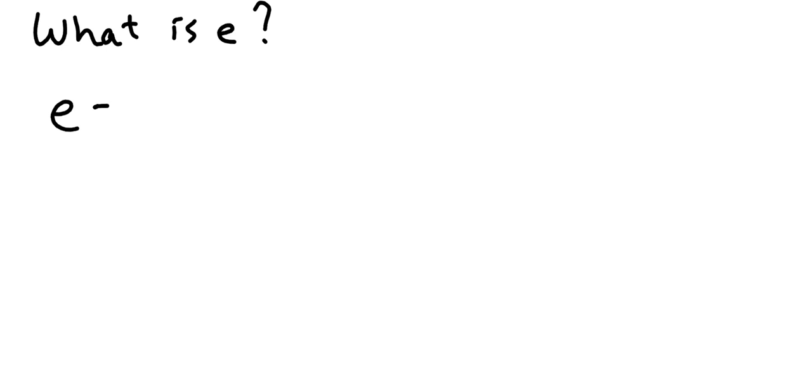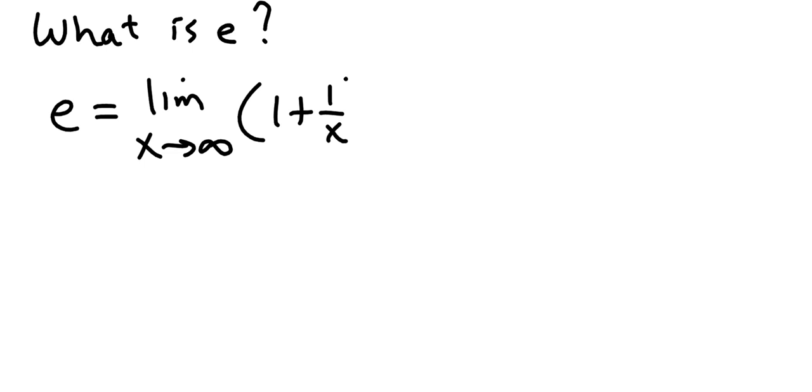By definition, it's the limit as x approaches infinity of 1 plus 1 over x to the x. If you were in high school, they may have done something with compound interest where you made the interest rate compound more and more frequently, and that whole thing settles down right around e.